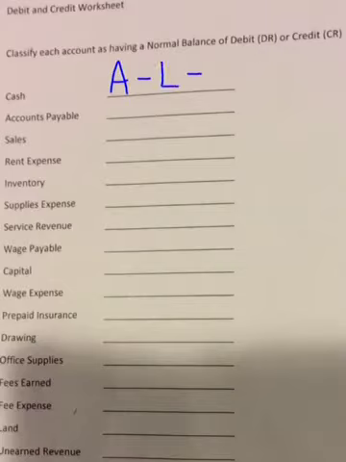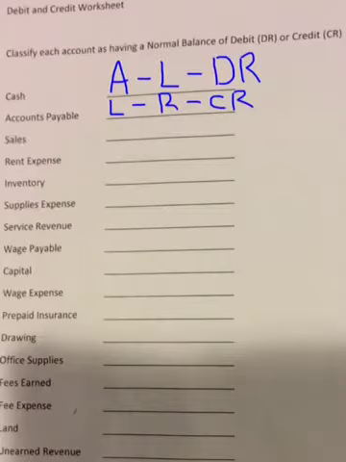And since it is on the left, that is going to be a debit. Accounts payable is a liability account. Liabilities increase on the right hand, therefore they are a credit.